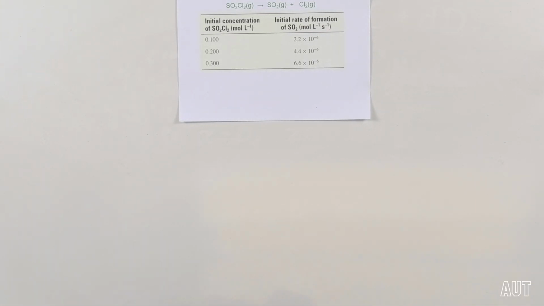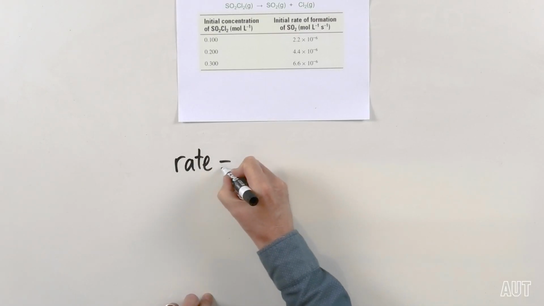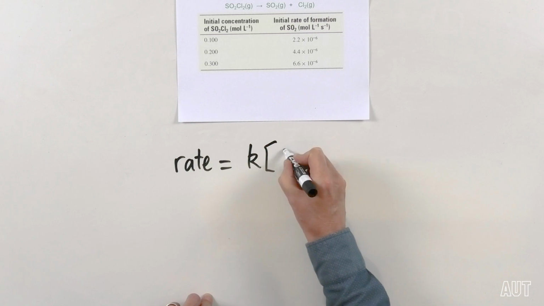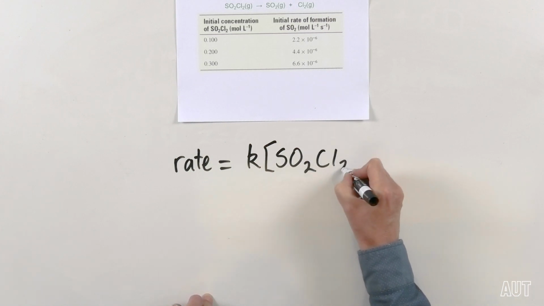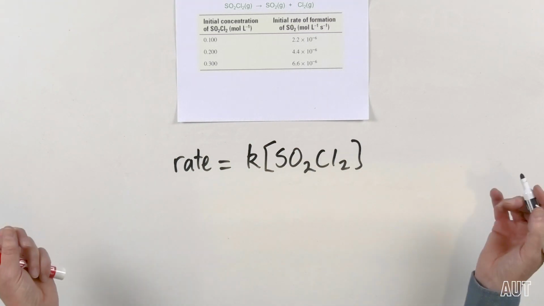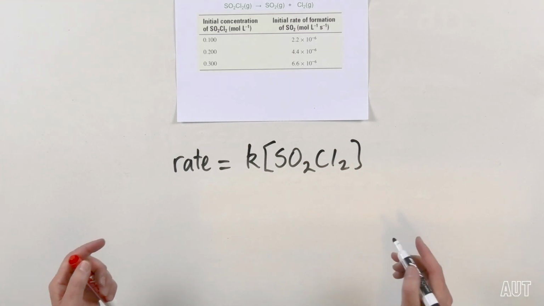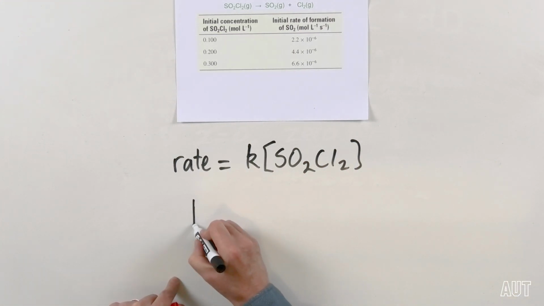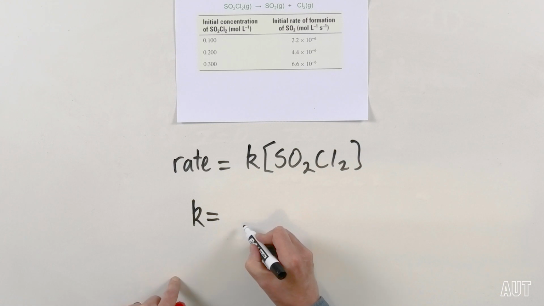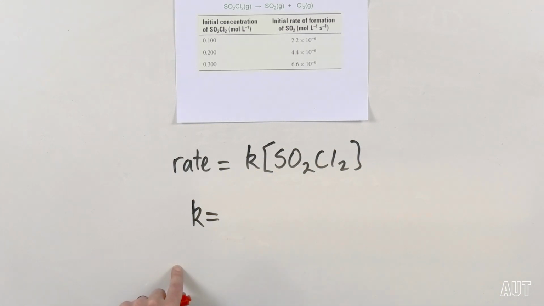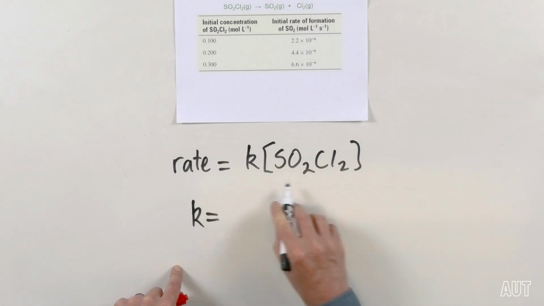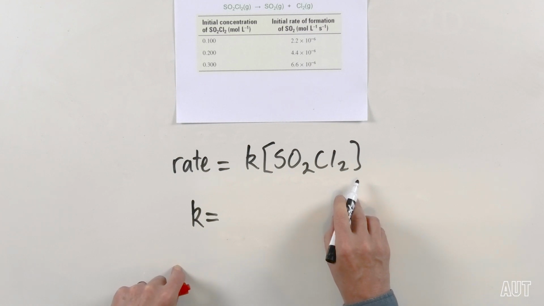And the way that we do that is, first of all, we need our rate law that we've just determined. So the rate of the reaction is equal to K multiplied by concentration of SO2Cl2 to the power of 1. That's it. Okay? So let's rearrange that equation and say, right, so K is going to be, we're going to divide both sides by SO2Cl2.